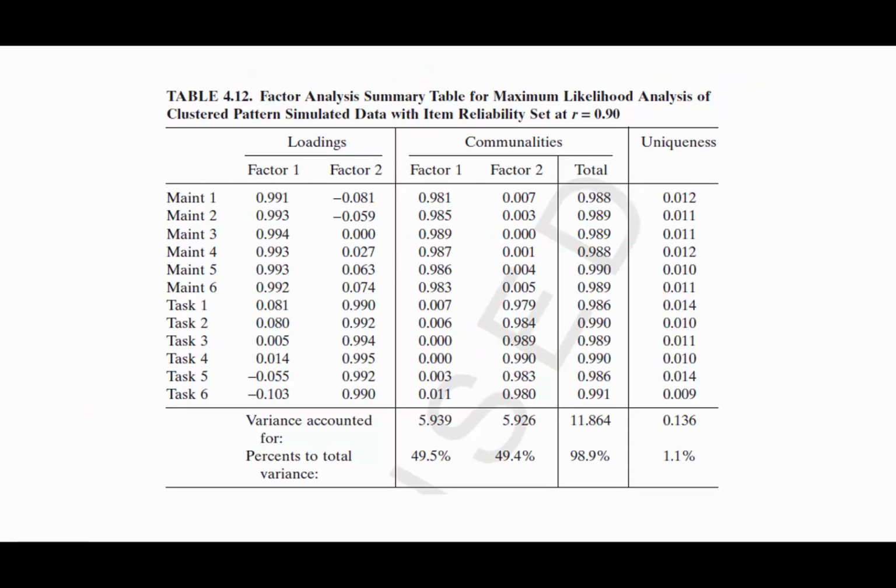As we see in the text, table 4.12 is a factor analysis summary table using maximum likelihood analysis. We have item reliability set at R equals 0.90. Although these results are for a maximum likelihood factor analysis, they would be almost identically the same for any of the other 4 analyses for which the simulation was done.